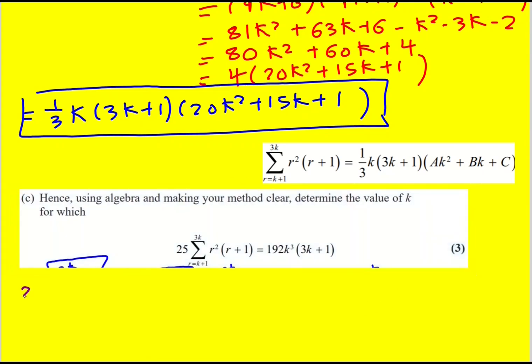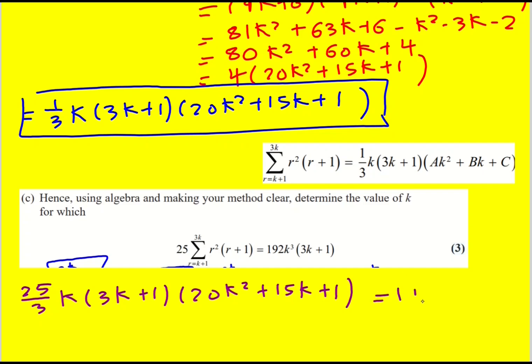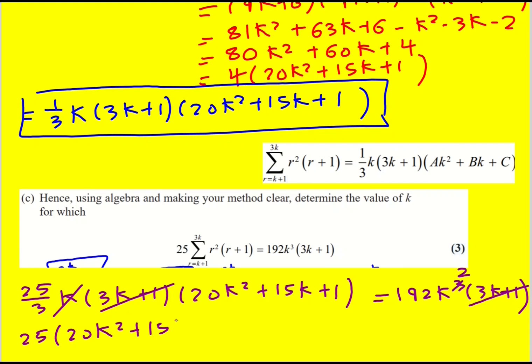So I have 25 over 3 times k, 3k plus 1, 20k squared plus 15k plus 1 equal to 192k cubed (k plus 1). And just cancel them out and cancel that k out with this 3, giving me a squared.